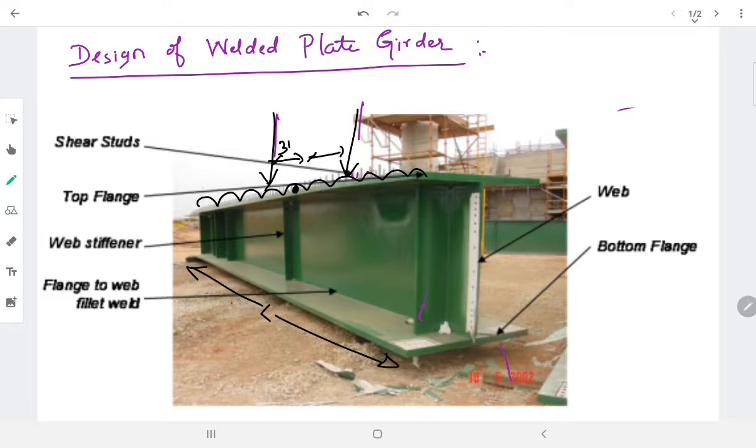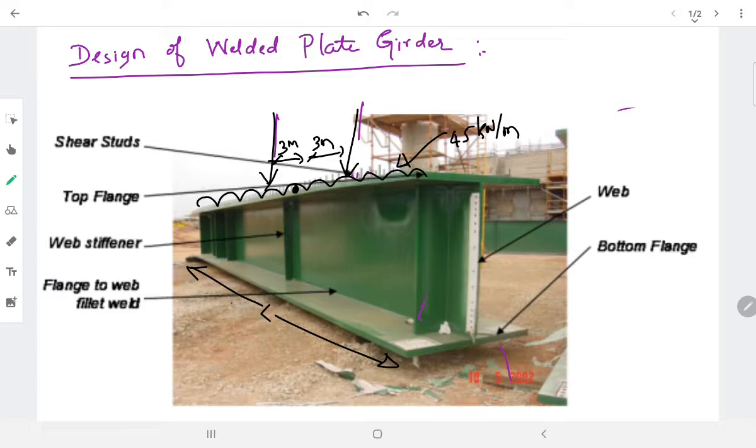This is how the problem statement is, and UDL acting is around 45 kilonewton per meter. So we need to analyze such type of plate girder and design for the midspan cross section.